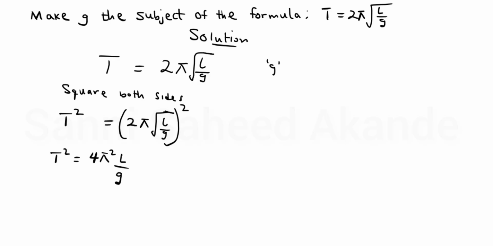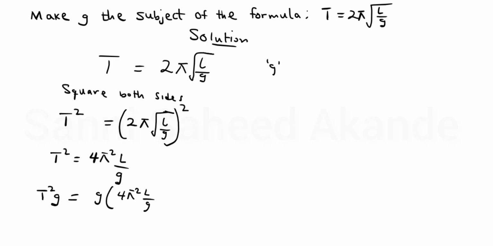Is that understood? The next thing we do is to cross multiply both sides of this equation by g. When you do that, we have t squared times g equal to g multiplied by 4 pi squared times L over g.